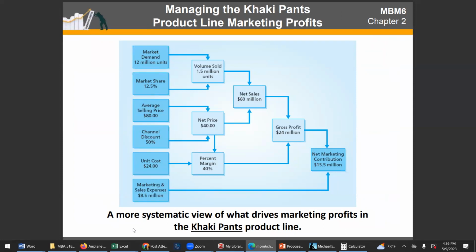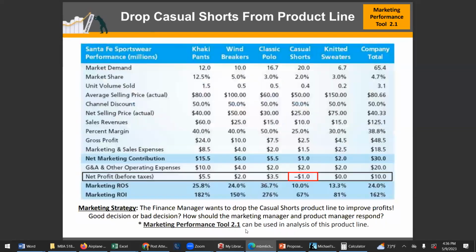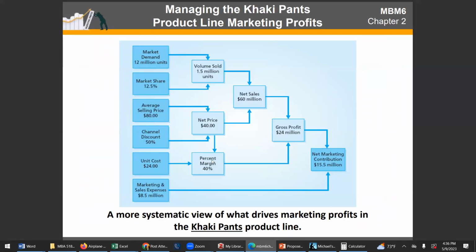Here's another systematic way to understand where the marketing profits for khaki pants come from. Here is khaki pants, net marketing contribution 15.5. That ties over here. And so again, this is sort of our marketing influence diagram. I was going to say autopsy, but that's a little dark.